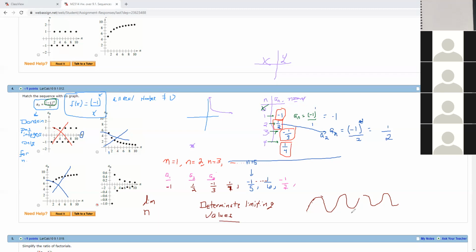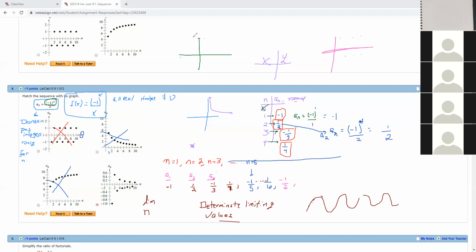There's actually a slight nuance, we can alternate. So alternating doesn't necessarily mean positives and negatives all the time. It could. So it could mean positive, negative, positive, negative, positive, negative. But oscillating or alternating could also mean this.